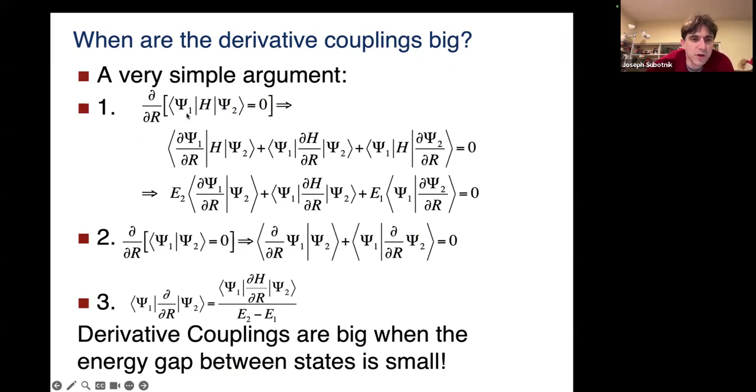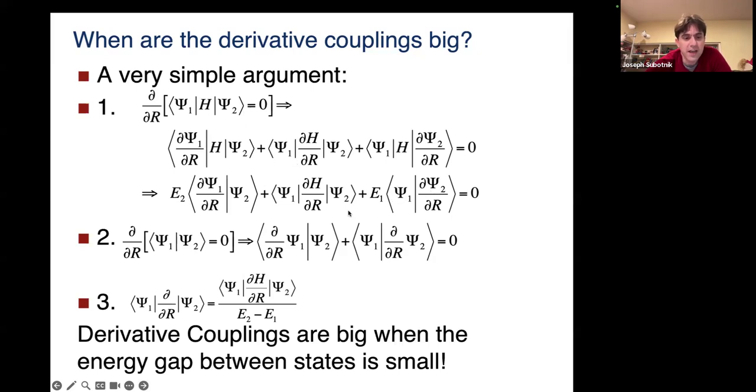Imagine you were taking your electronic Hamiltonian and diagonalizing it. Then if you had two states with different energies, say states 1 and 2, then this matrix element must be 0 because the Hamiltonian diagonalizes psi 1 and psi 2, which means if you take the derivative of it, the derivative of psi 1, plus the derivative of H, plus the derivative of psi 2, that whole thing also must equal 0, and then of course H on psi 2 gives you E2, and H on psi 1 gives you E1 if you're looking at these electronic states.